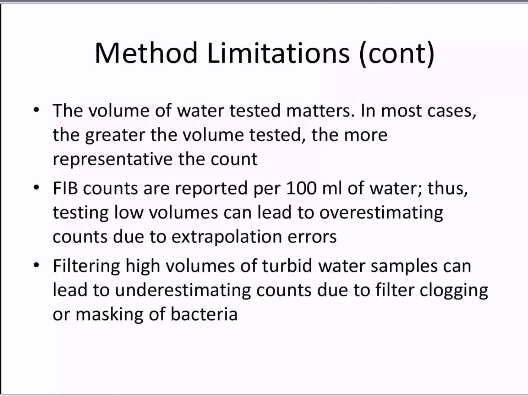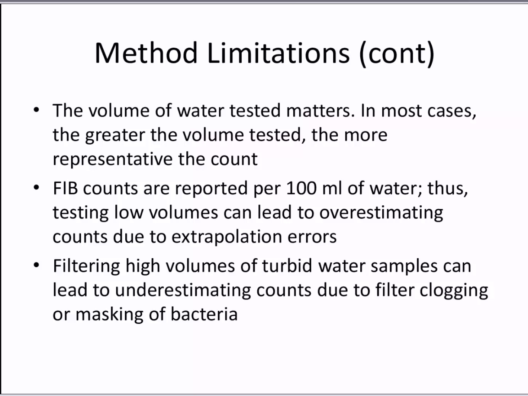As I mentioned, the volume of water tested matters. In most cases, the greater the volume tested, the more representative the count. The counts are reported per 100 ml of water. So if you're testing low volume, say 1 or 10 mLs, this can lead to overestimating the counts due to extrapolation errors.